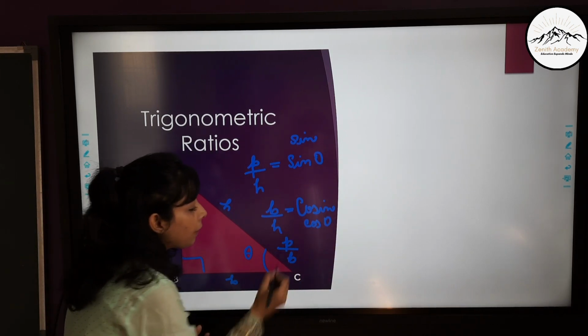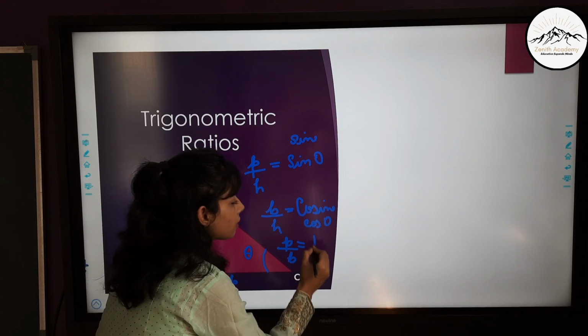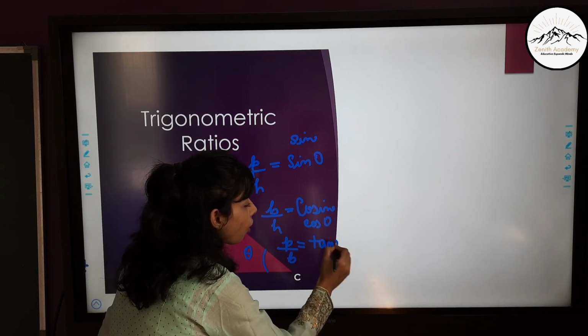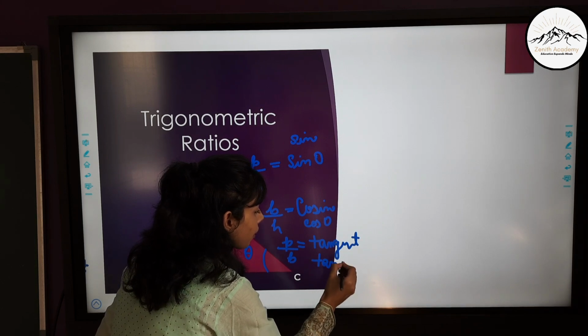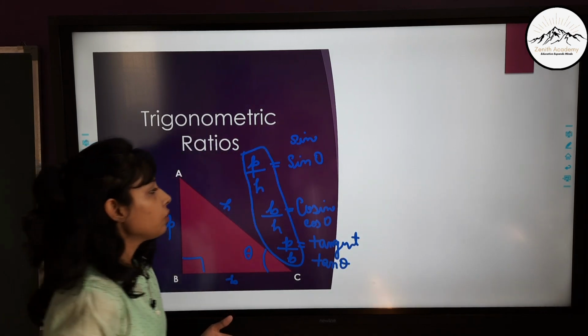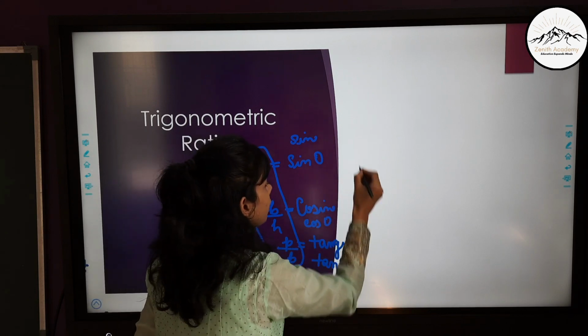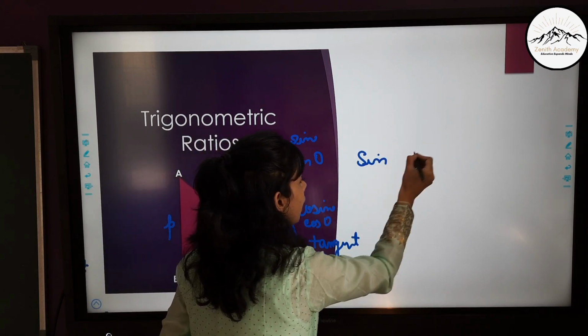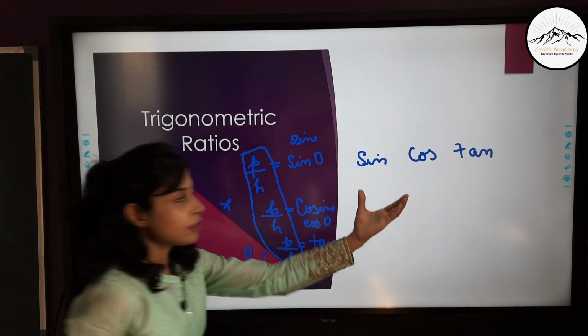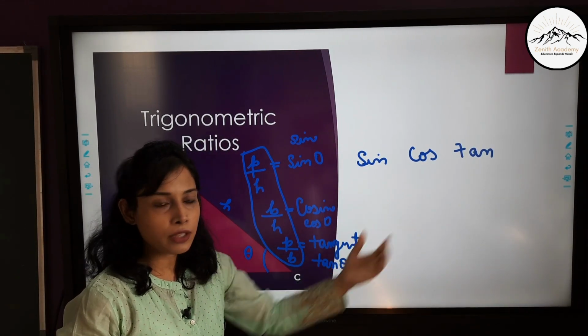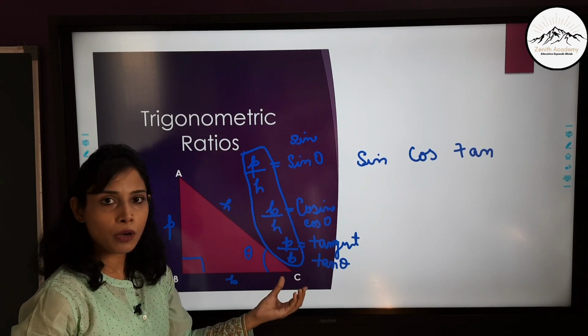And perpendicular upon base is the tangent or tan theta. Now, see, sin, cos and tan, these three are the basic functions of trigonometry and its ratios we know now.